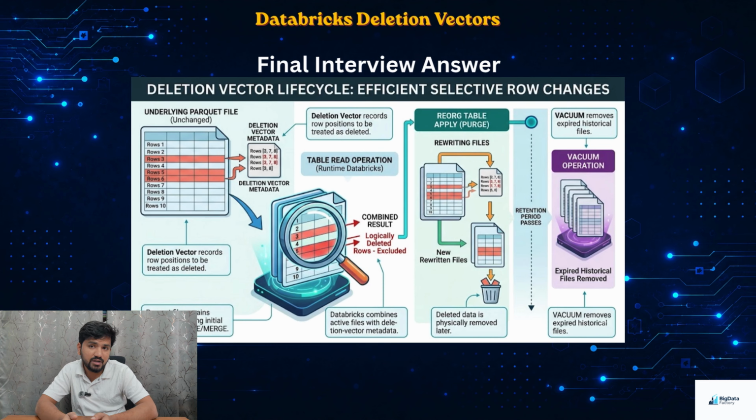When the table is read, Databricks combines the active Parquet files with the deletion vector metadata and excludes the logically deleted rows. This reduces immediate file rewriting and can improve the performance of selective row-level changes. The deleted data is physically removed later. REORG TABLE APPLY rewrites files containing soft-deleted data. Then after the retention period, VACUUM can remove expired historical files.